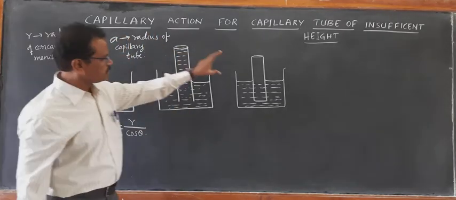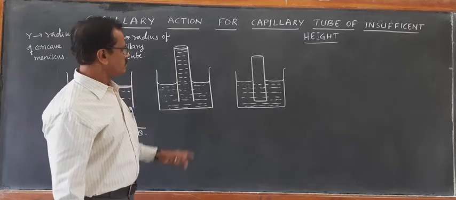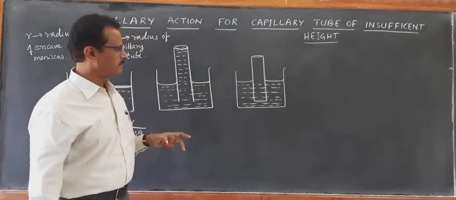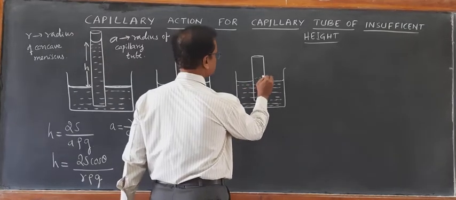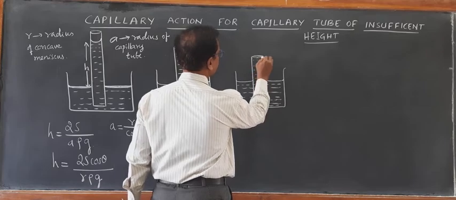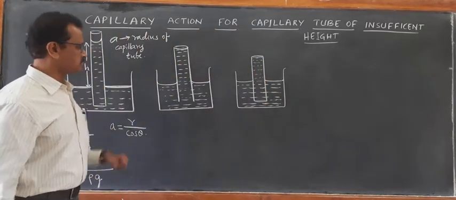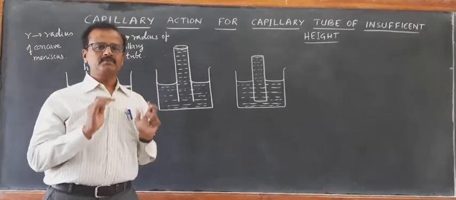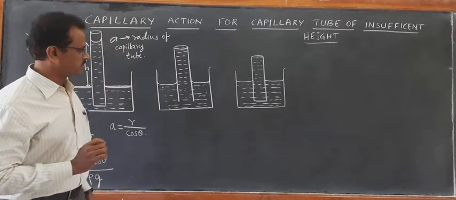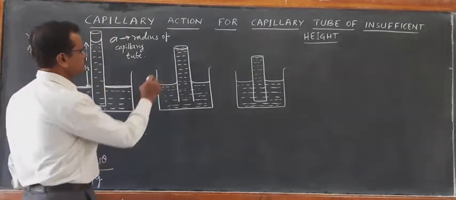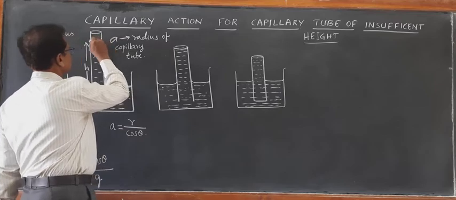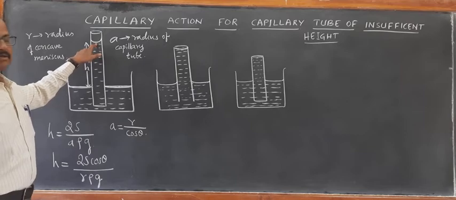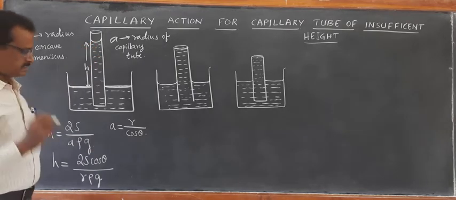Even if you take a still smaller capillary tube, a tube of still smaller height, here also the water rises up to the brim and stops. What happens for the water to stop? It comes up to the brim and then stops. Let us see. In this case, the radius of curvature of the liquid surface increases.